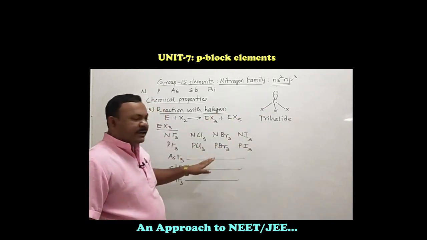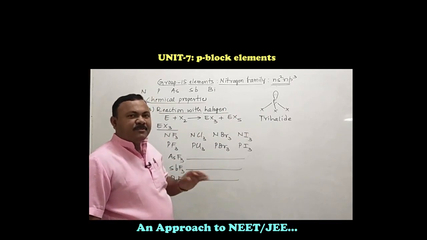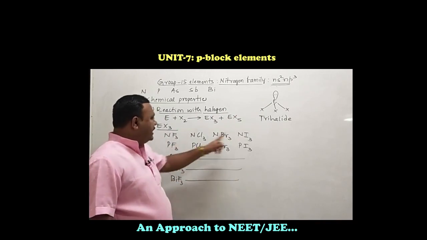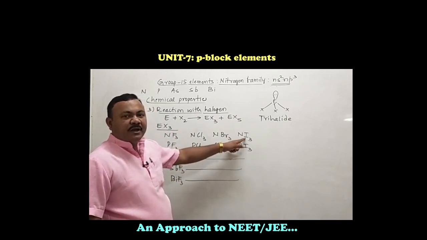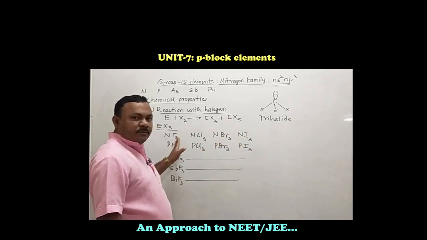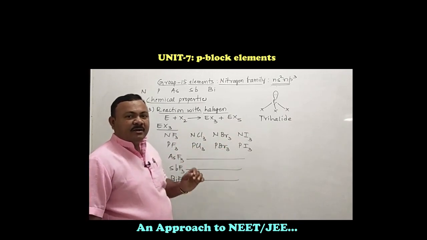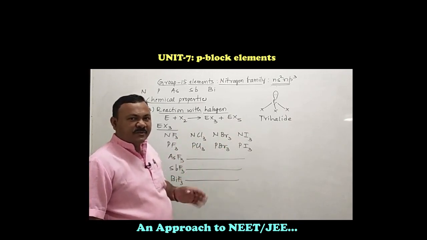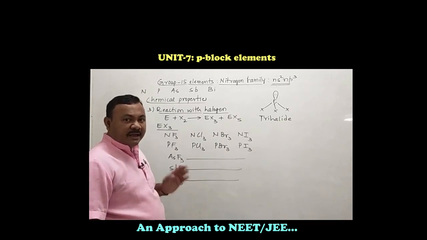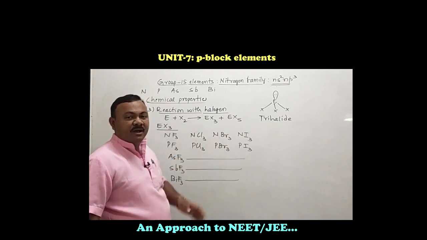Now, stability of the trihalide depends on EX bond strength. EX bond strength depends on the electronegativity of the halogen. As the electronegativity of the halogen goes on decreasing, it means as the size of halogen goes on increasing, element-halogen bond strength decreases, and with that stability goes on decreasing. It means fluorides are more stable halides than compared to chlorides, and chlorides are more stable than bromides and iodides.